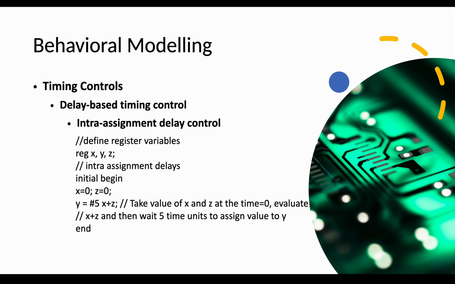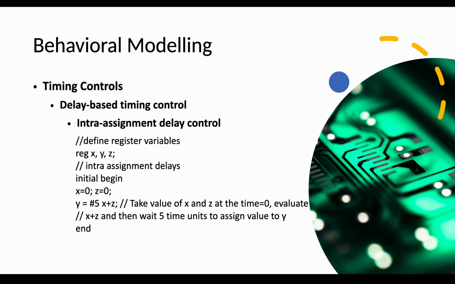So X equal to 0, Z is equal to 0, Y is equal to #5 X plus Z. In that line, the values X and Z are taken at time equal to 0 and evaluate the X plus Z. And then they wait for 5 time units and then they assign the value to Y.